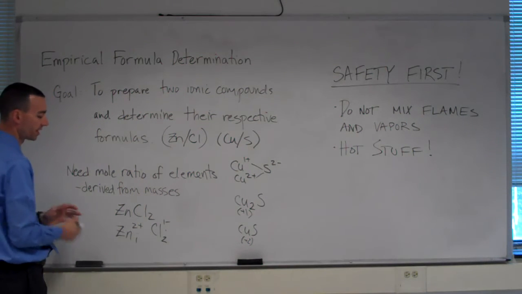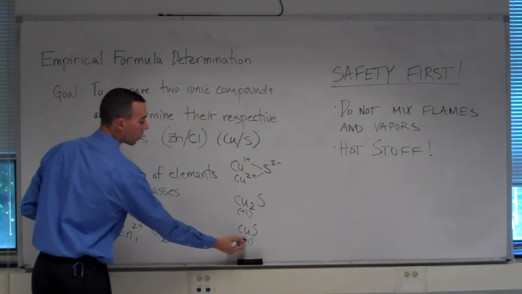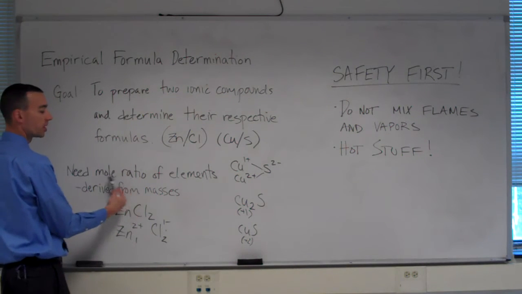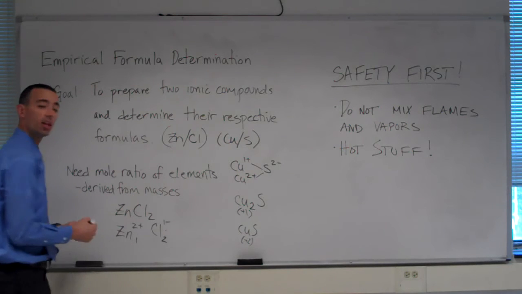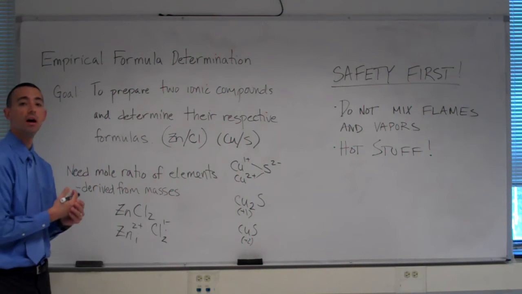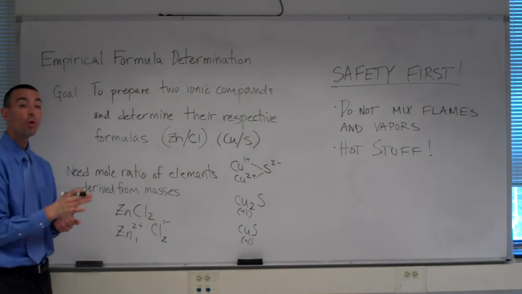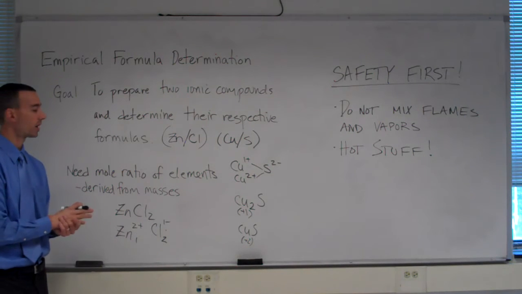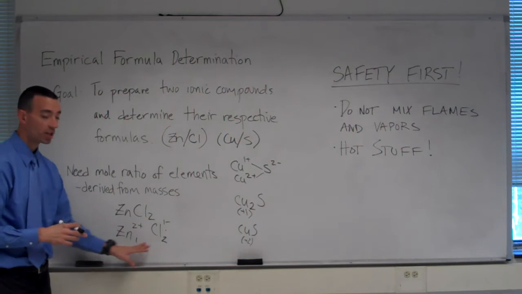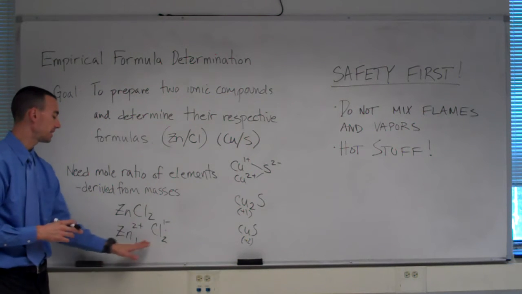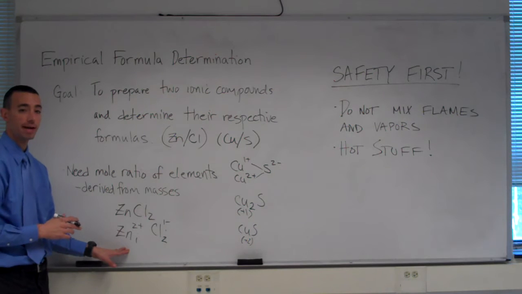Now, in these formulas, these subscripts always represent the ratio of the moles of each element present in a unit of that material. And it has to be a ratio of moles or of individual atoms or ions, but never a ratio of masses. That's because each element has a different molar mass.